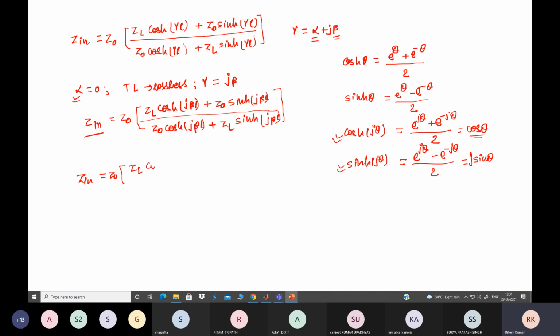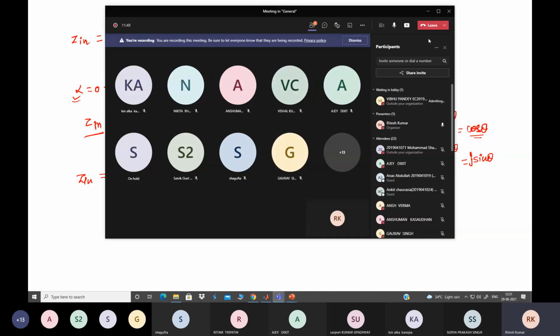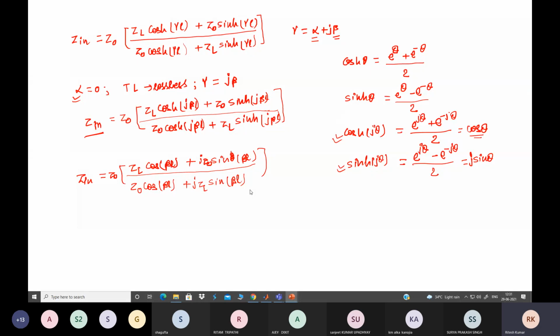So we can write ZL cos beta L. Similarly here also we can write j Z naught sine, not hyperbolic, beta L, and in the denominator we can write Z naught cos beta L plus j ZL sine beta L. So this is our further simplified expression for input impedance.